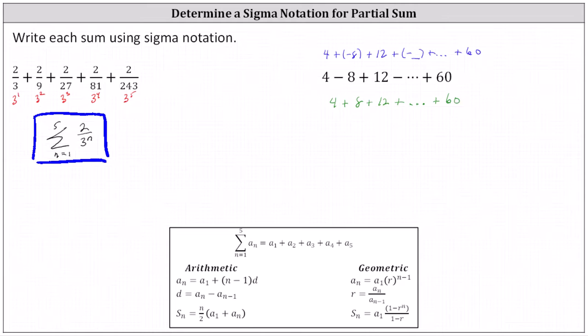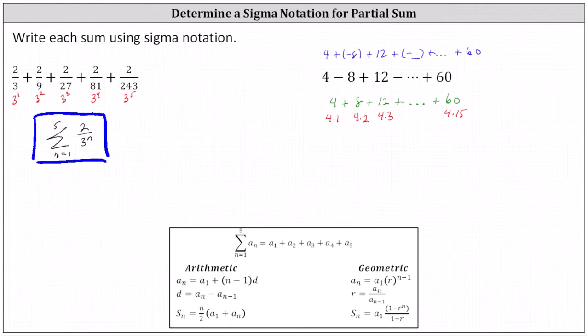We might recognize that 4 plus 4 is equal to 8, 8 plus 4 is 12, and so on. But also notice that 4 is equal to 4 times 1, 8 is equal to 4 times 2, 12 is equal to 4 times 3, and then going out to 60, 60 is equal to 4 times 15. Recognizing this pattern, we now know there are 15 terms in the sum.